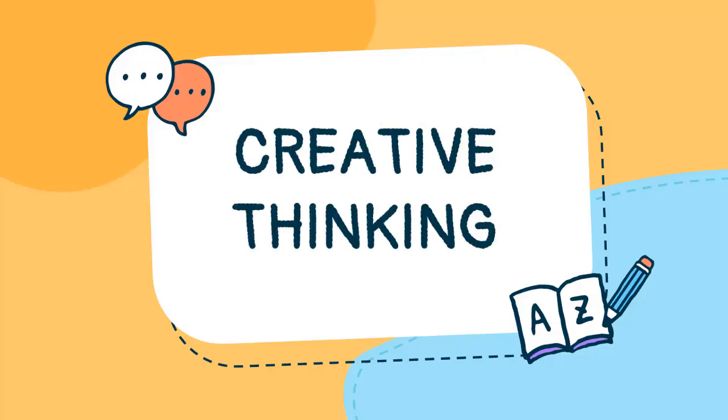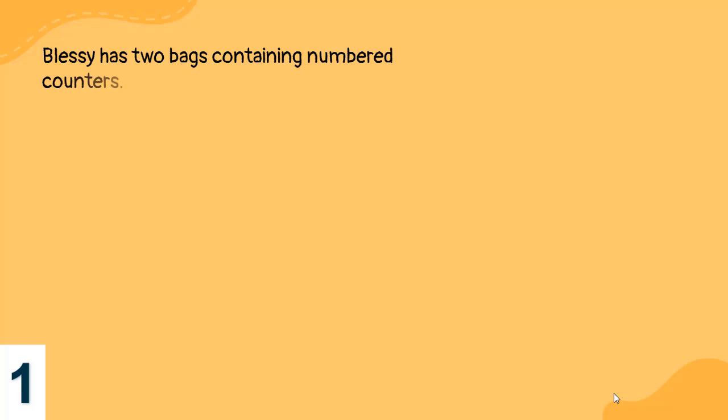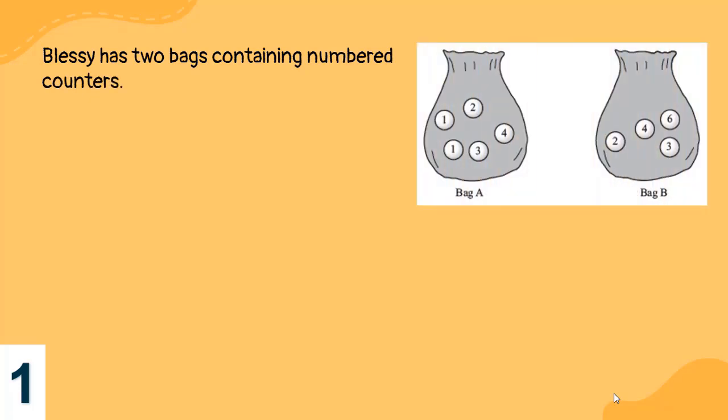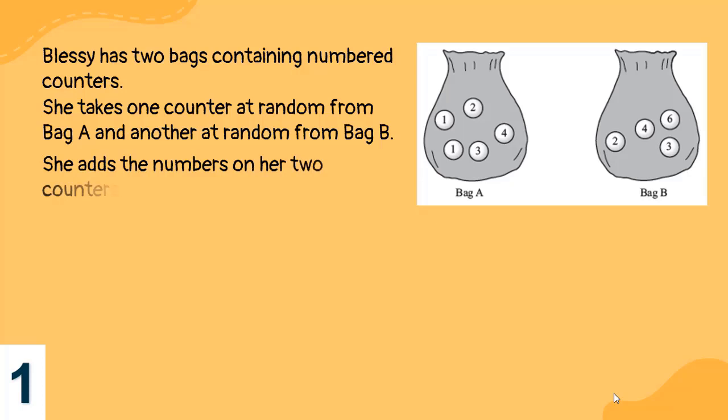Creative thinking. Blasi has 2 bags containing numbered counters. She takes 1 counter at random from bag A and another at random from bag B. She adds the numbers on her 2 counters.